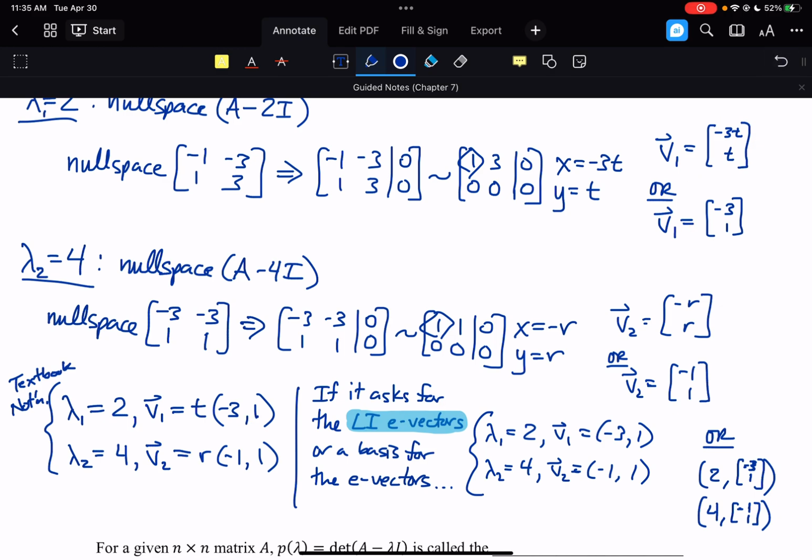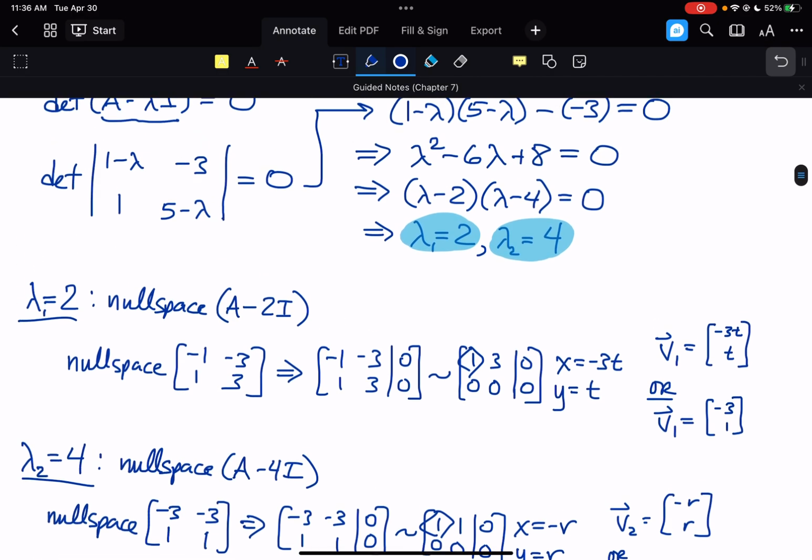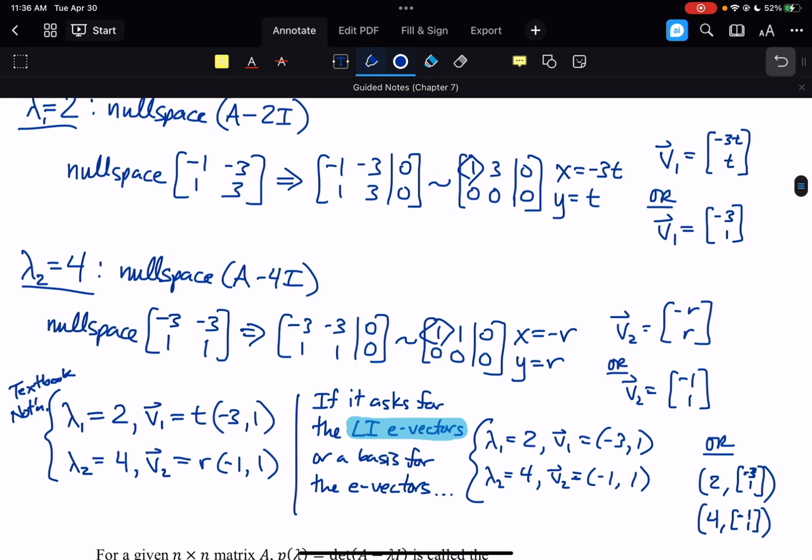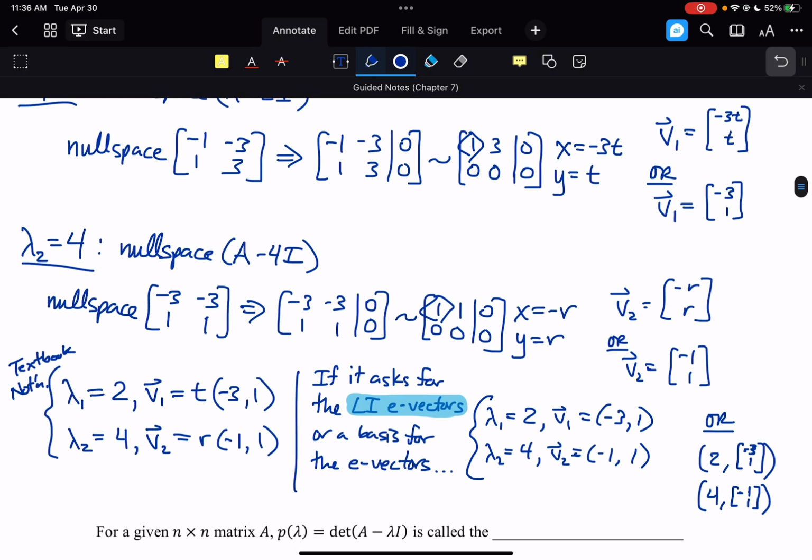A lot of times, for the sake of writing it, especially in a textbook where they're typing everything, it's just easier for them to type it out like this. But they're equivalent. You're getting the same result either way. So these would be our eigenvalues and eigenvectors for this matrix: 2 and 4 with their corresponding eigenvectors, (-3, 1) and (-1, 1).